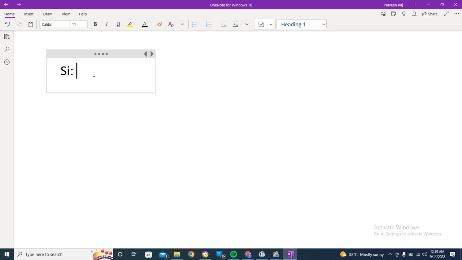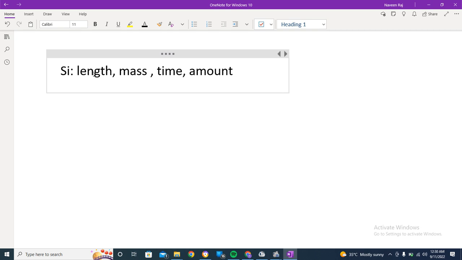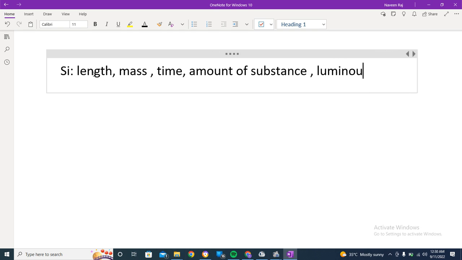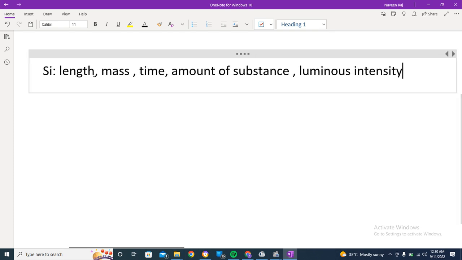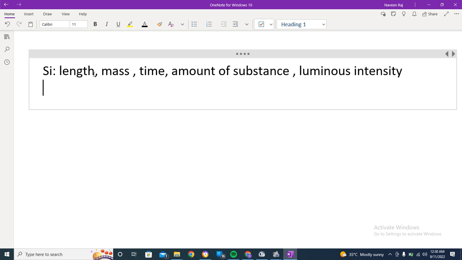We can say that it is a system of international units, and it is being followed till today, and it includes 7 fundamental quantities, and the names include length, mass, and time, amount of substance, luminous intensity, current, temperature.